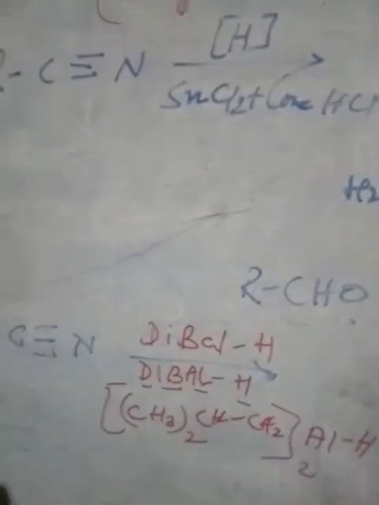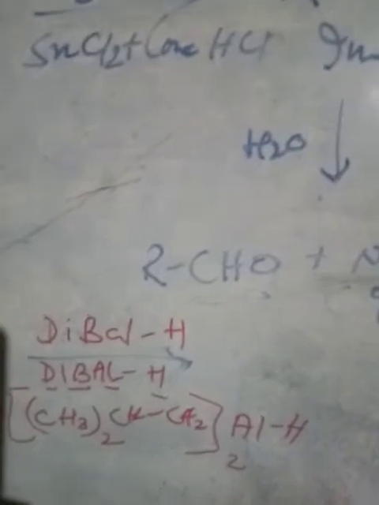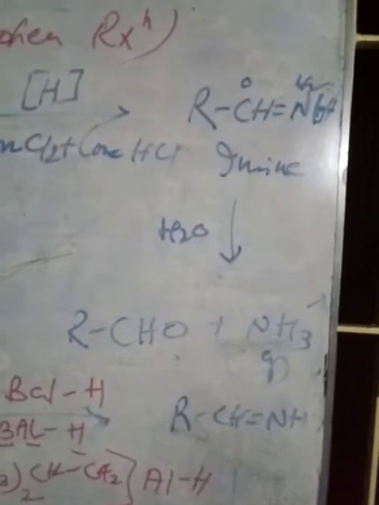This DIBAL-H will reduce the alkyl cyanide to imine, same as that compound, which on hydrolysis will produce aldehyde.